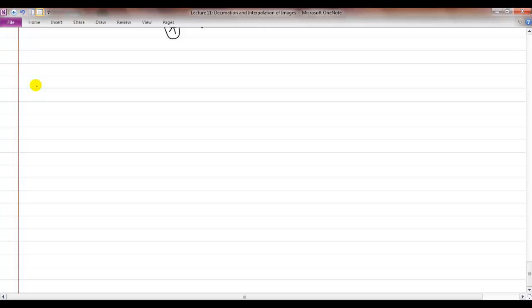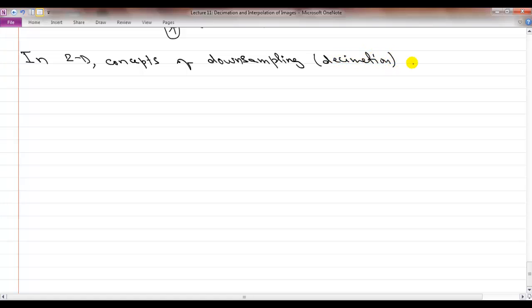That's an upsampling operation. So just like in the 1D case, in 2D, the concepts of downsampling or decimation and upsampling, expansion and interpolation apply.